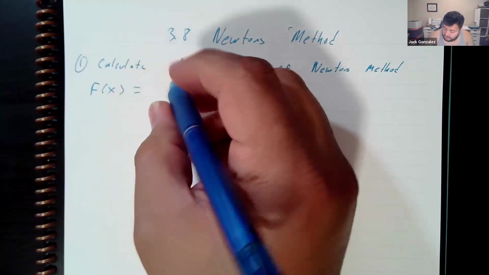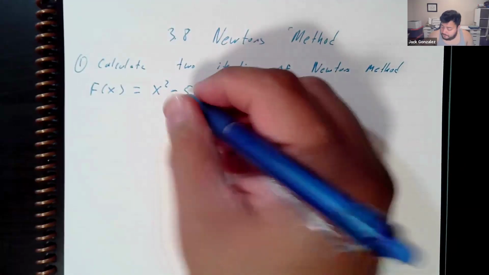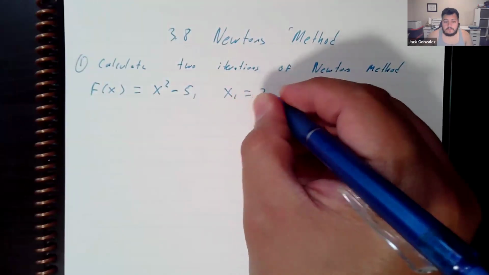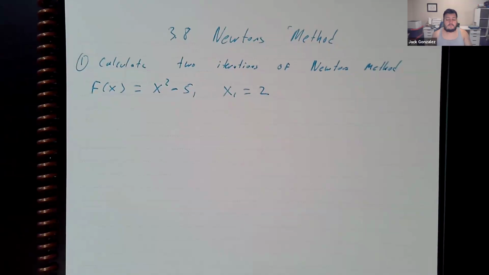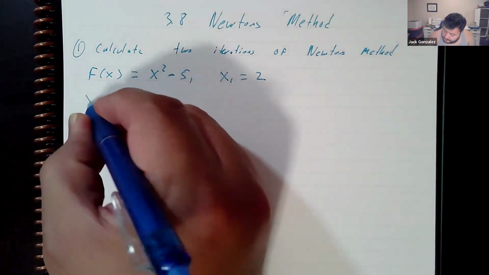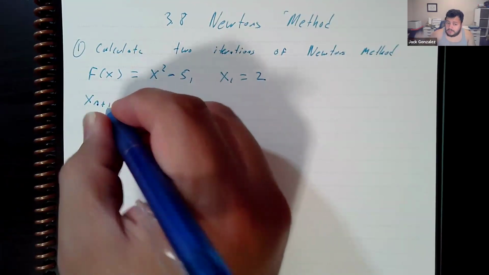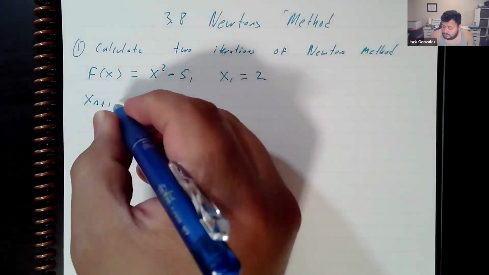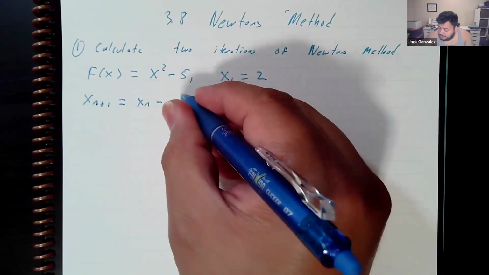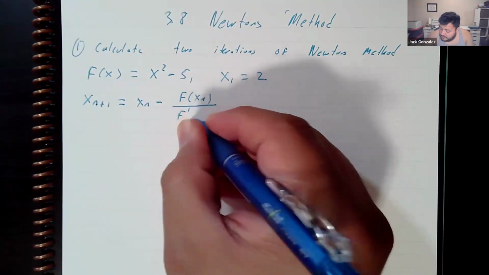So they have to give you a function and they have to give you a starting point. Okay, so the formula is: x n plus 1, meaning the next value, is equal to the previous value minus the function at the previous value divided by the derivative at that same value.